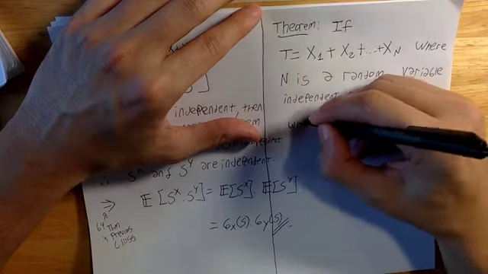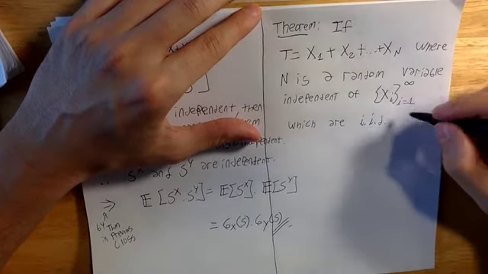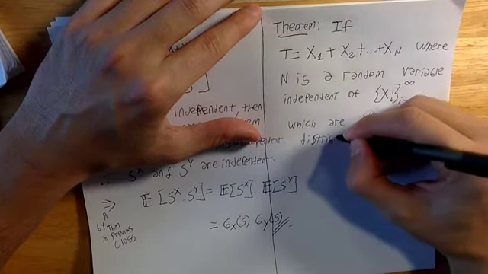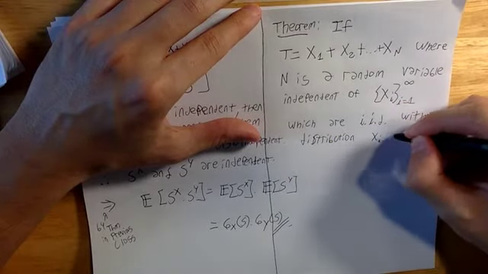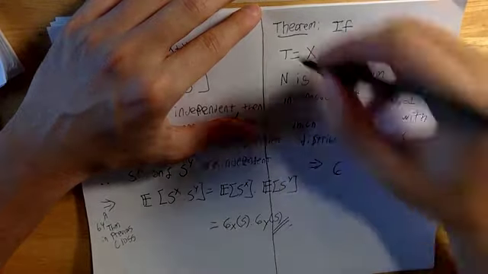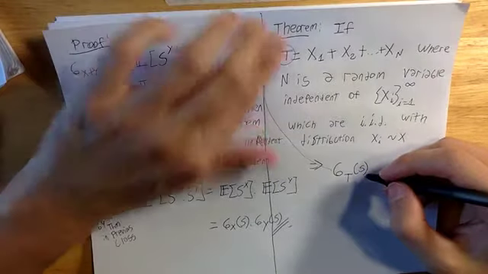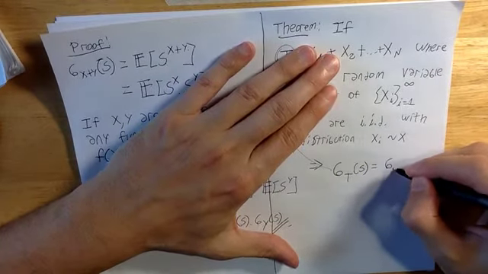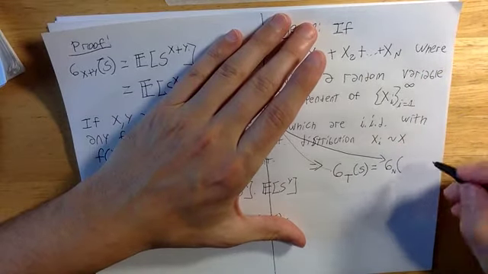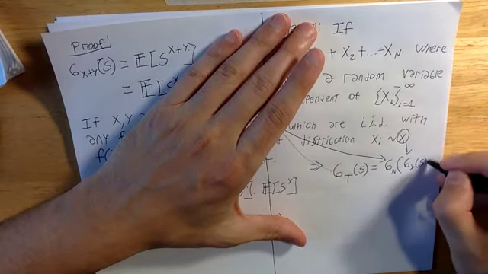which are independent and identically distributed with distribution Xi like X, then the generating function of the random variable T, G_T at s, is going to be the generating function of N applied to the generating function of X evaluated at s.